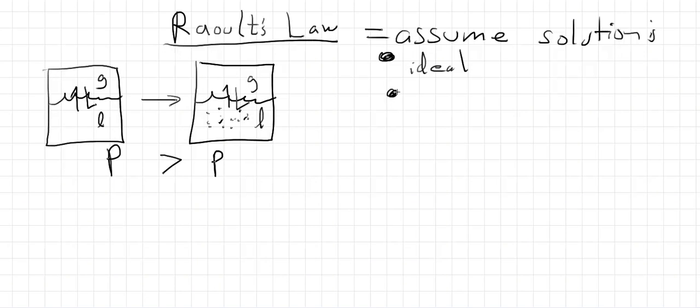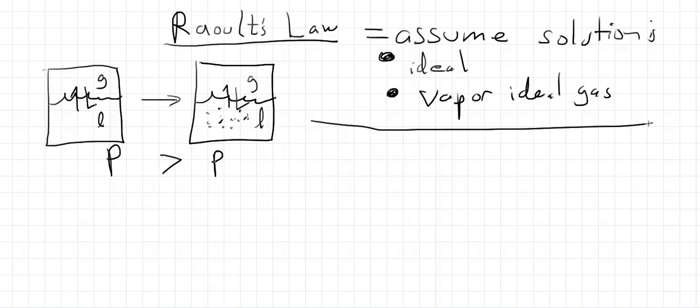We assume that, and we assume that the vapor is an ideal gas. The second assumption is usually a really good one. The top one may or may not be. It's only going to be good if the two components in the solution form an ideal solution. But if we make those two assumptions, we'll see we can get Raoult's Law.